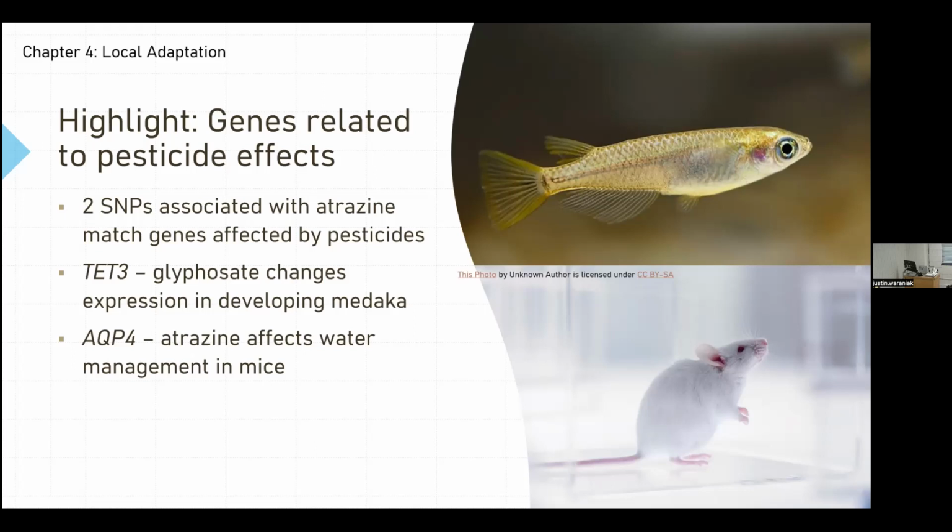So that's the little rice fish on top, and they're exposed to glyphosate. And this was correlated with our atrazine variable, which, if you remember, also includes glyphosate and acetochlor. And then this aquaporin AQP4 gene is related to water management in the cells of mice. It's affected by atrazine as well.